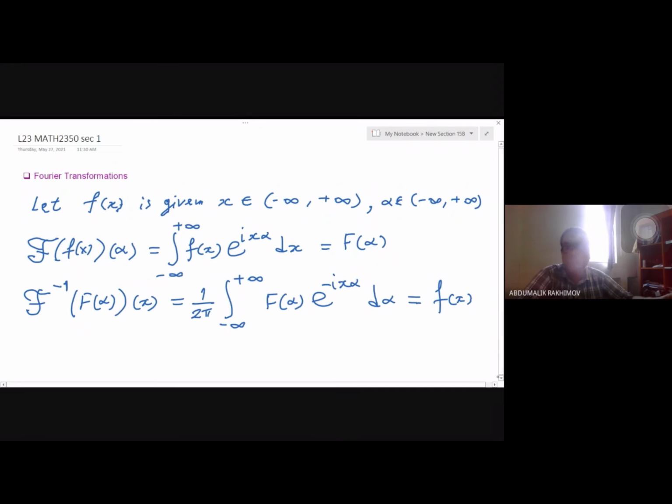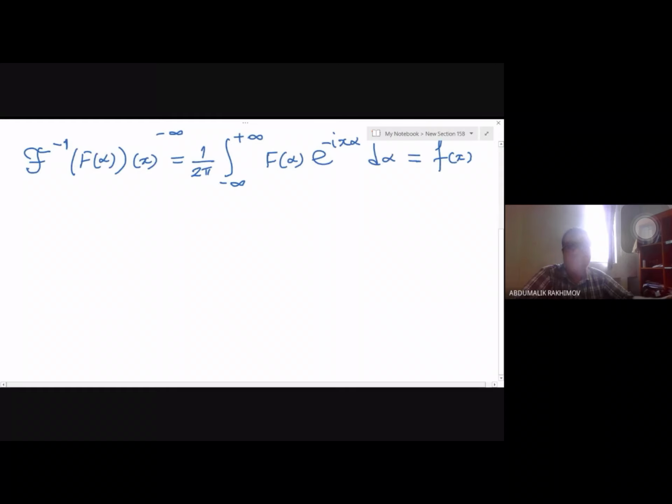First, see some example of transformation. Let's say we have a function f(x) equal to some constant u0 if x by absolute value is less than 1.